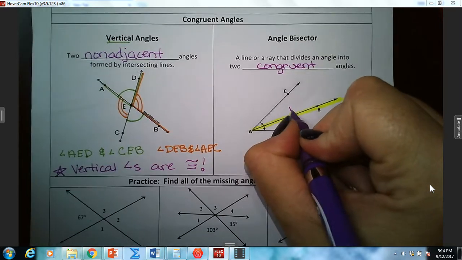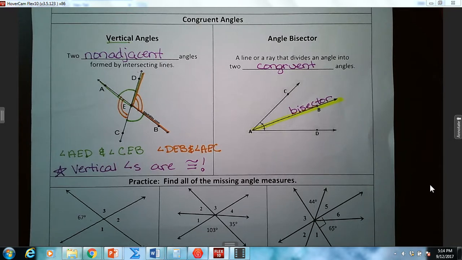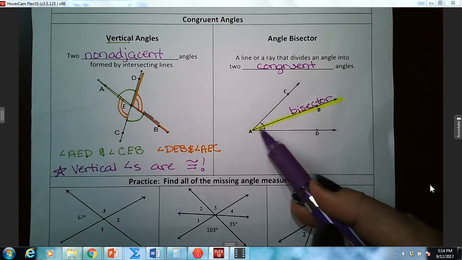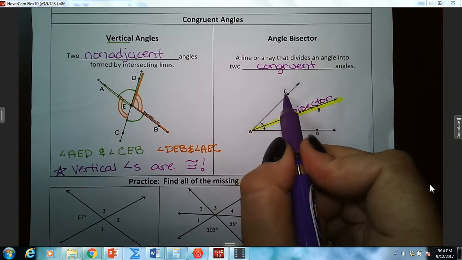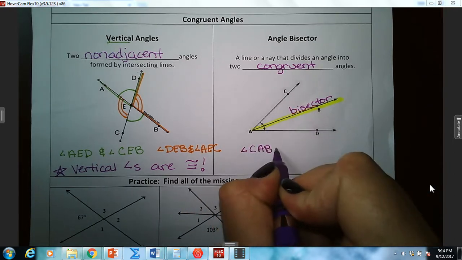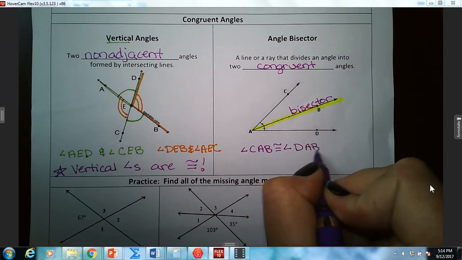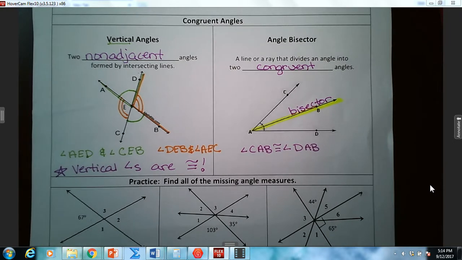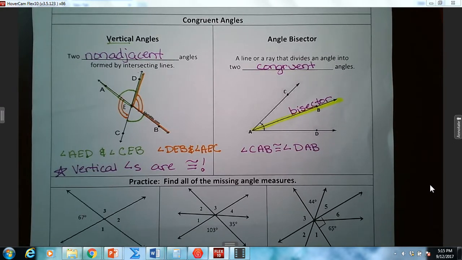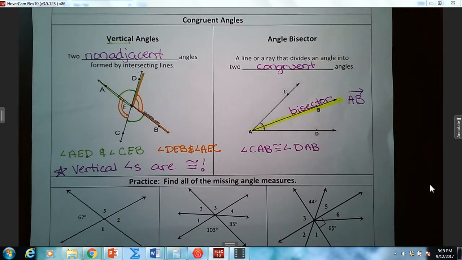So that means that this line is a bisector. It's cutting the angle in half, creating two congruent angles. So now, because this is a bisector, we could say angle CAB is congruent to angle DAB. They're congruent to one another because we have a bisector. And that's ray AB that's doing the bisecting.